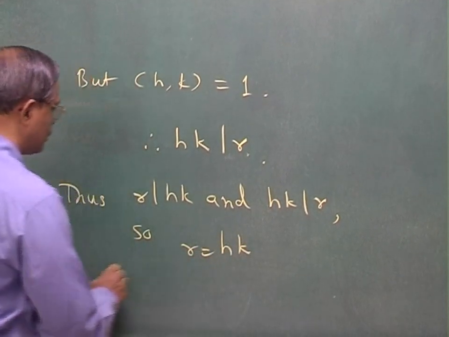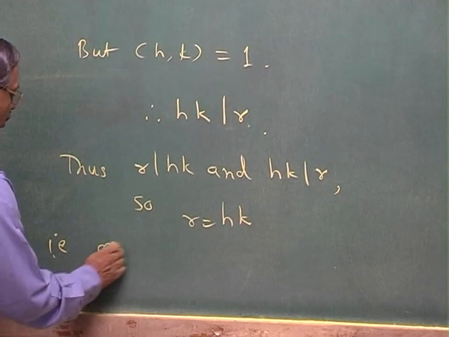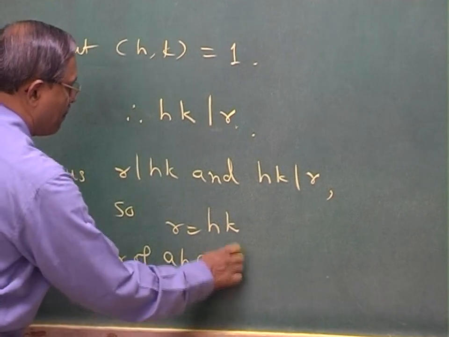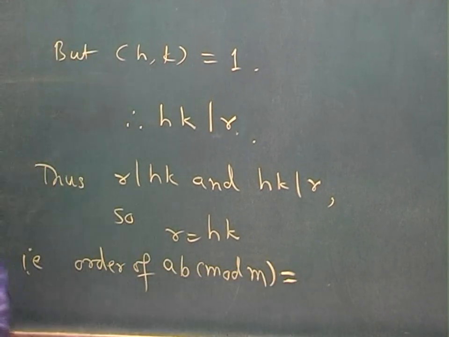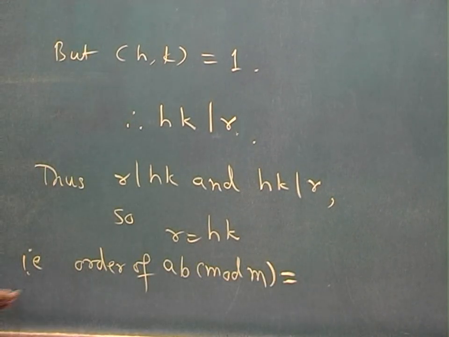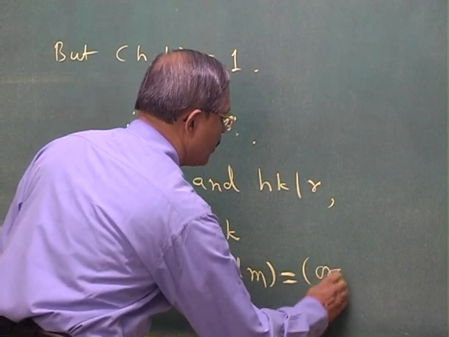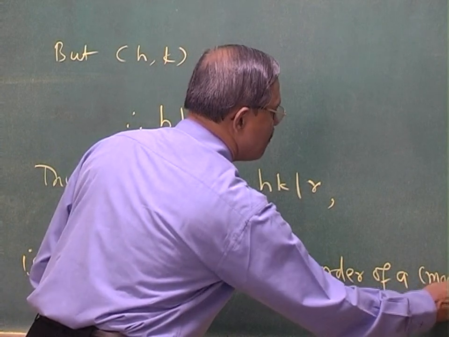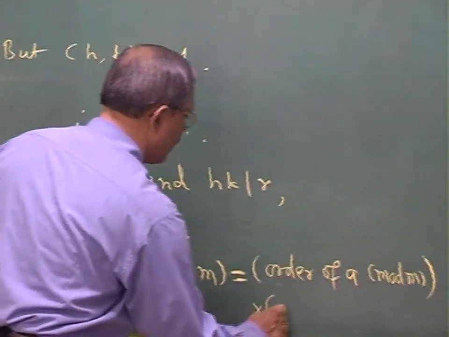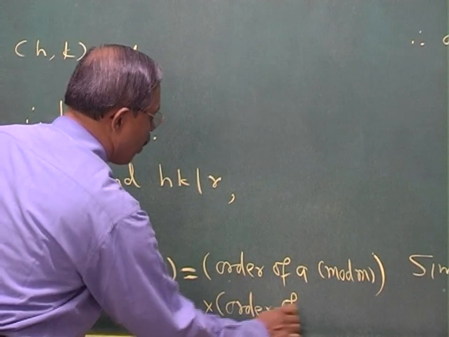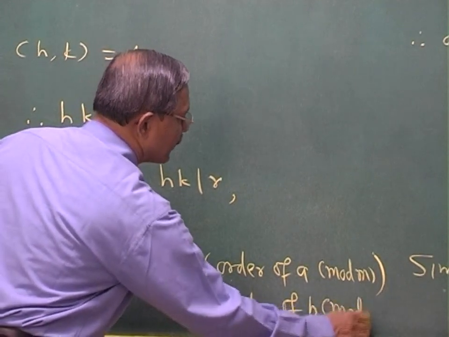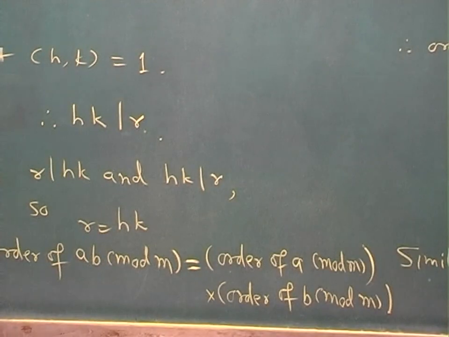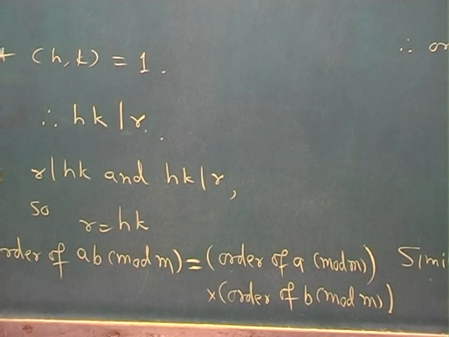That is, the order of AB mod M is equal to the product of the orders: the order of A mod M multiplied by the order of B mod M. This happens when the orders are coprime.